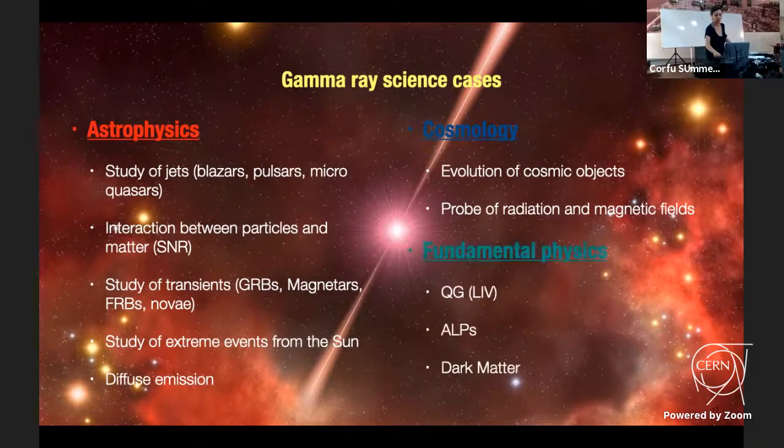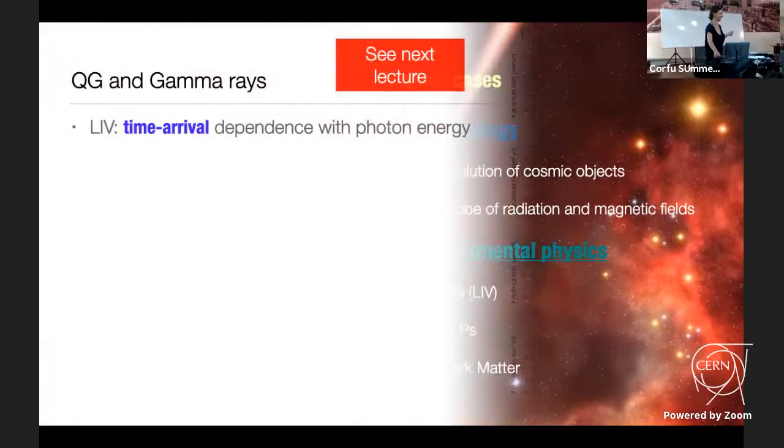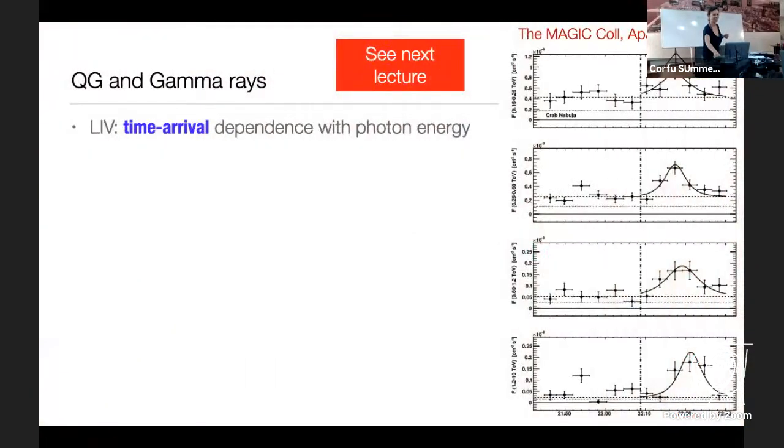We will see some examples in the next lecture. And then you can do fundamental physics with gamma rays: quantum gravity, testing Lorentz invariance violation, for example, but also axion-like particle and dark matter searches, of course, not yet detection, unfortunately.